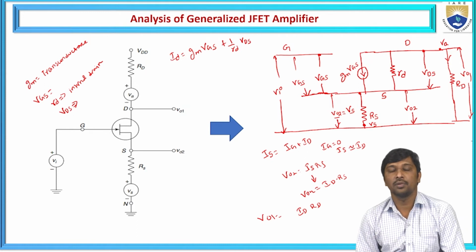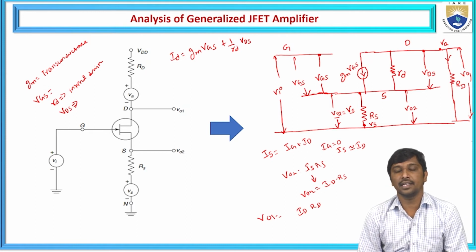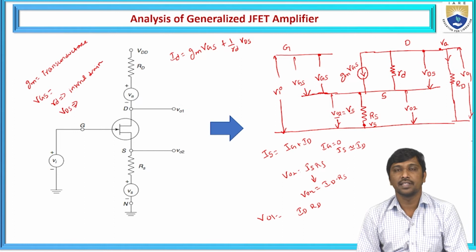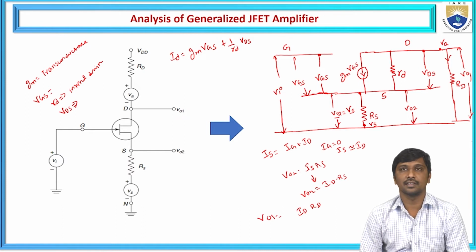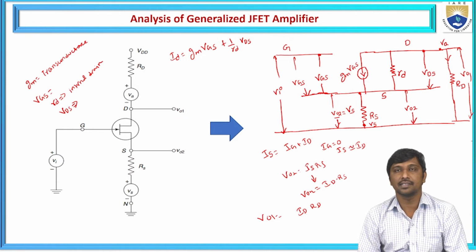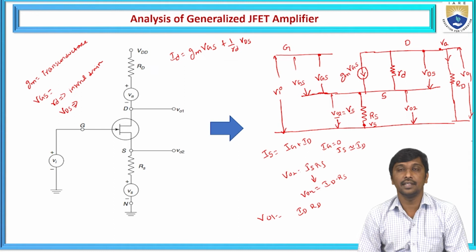So we need to find out how much drain current flows with respect to all these biasing voltages and biasing components like capital RD and RS, along with the internal resistances, that is, the internal transconductance and the internal drain resistance, small rd.